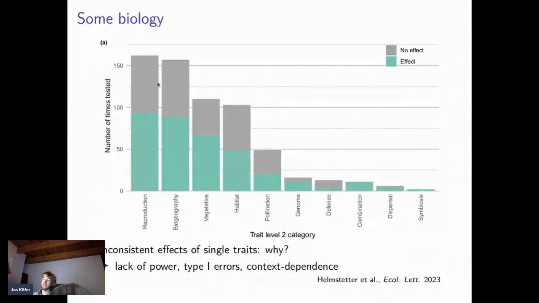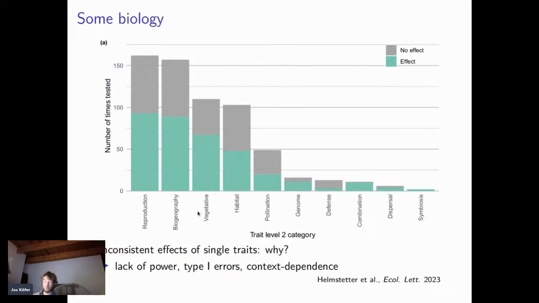What you see here is that for most traits, almost half of the studies find no effect, and a little bit more than half find an effect. So there is an inconsistent effect of these traits on diversification if you look at the literature.